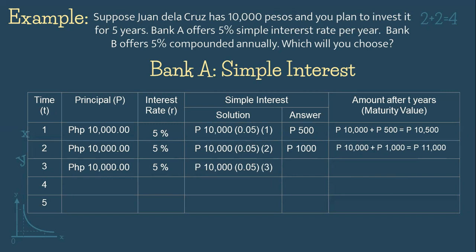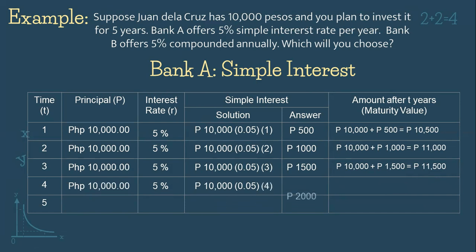But this time for the third year, that will give us 1,500. So pag kinalculator po natin, 10,000 times 0.05 times 3 for the third year, that will give us 1,500, and that will give us the maturity value of 11,500. So for the fourth year po, we have 10,000 again, interest rate of 5%. That will give us, for the fourth year, 2,000 pesos.